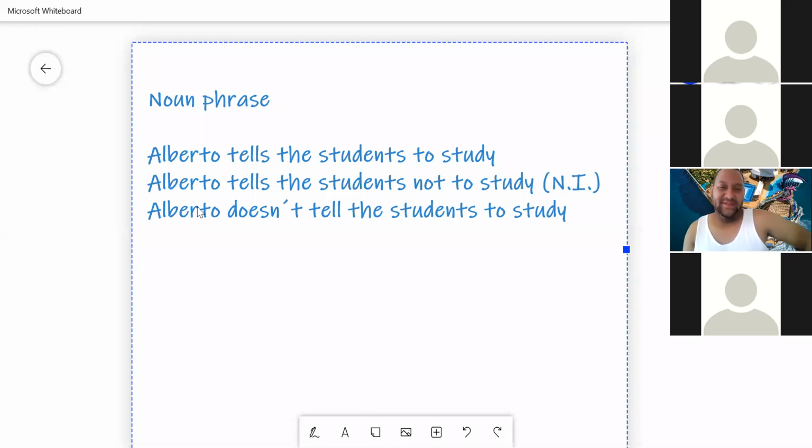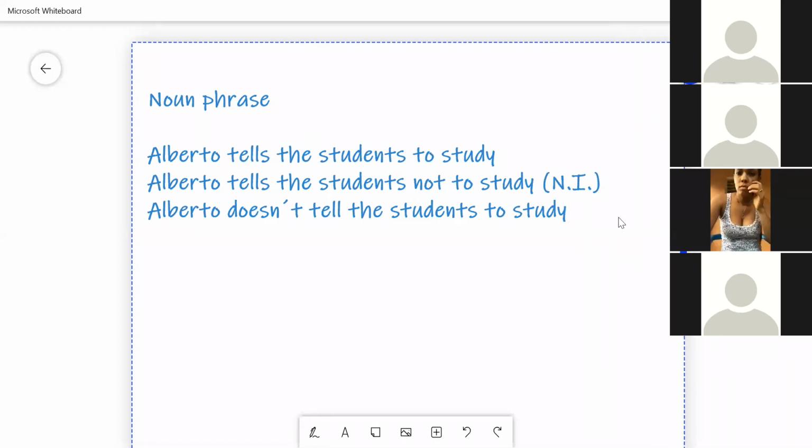To study. Now, this is what I want to explain. This is what we call regular negation. So basically now we have two types of negation that we didn't know that we used.